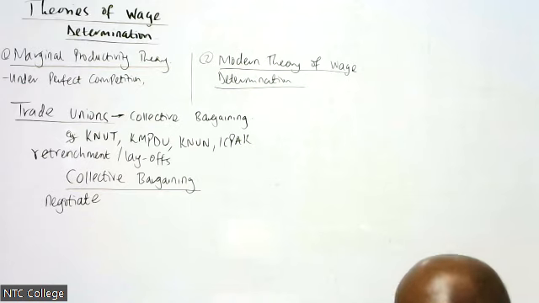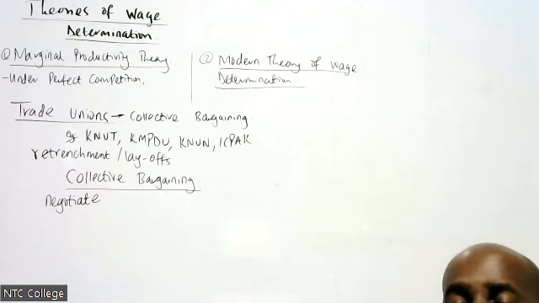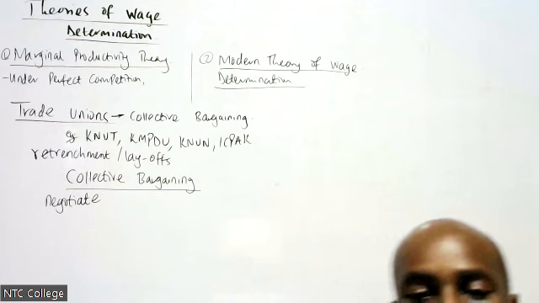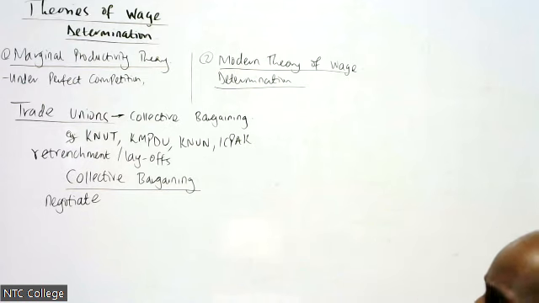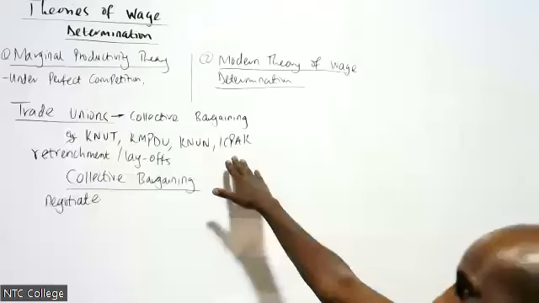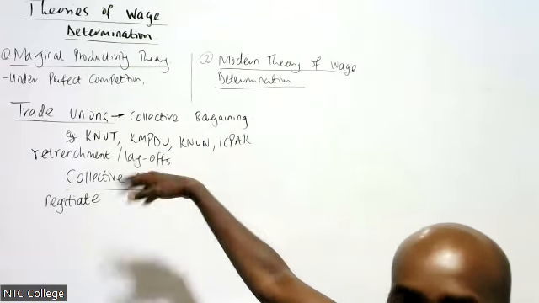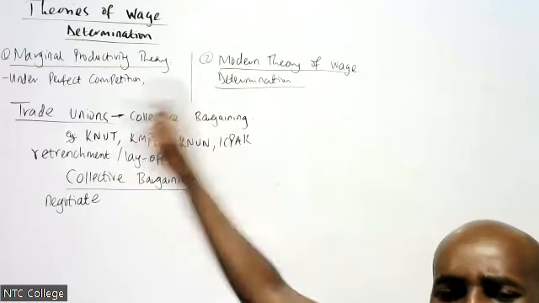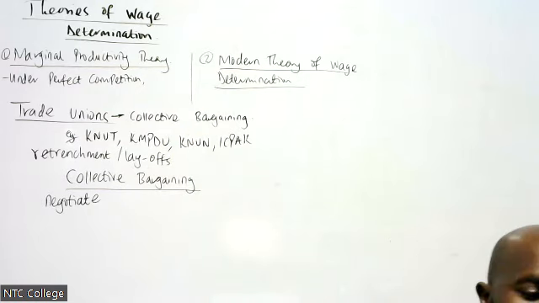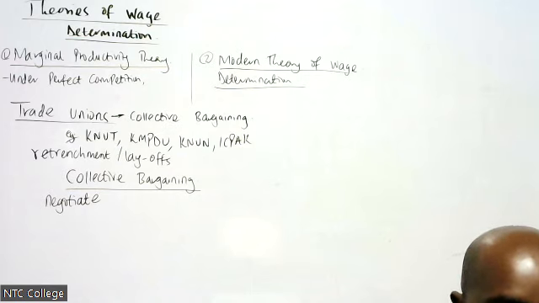Some of them are very obvious. If you're talking about political interference, and you are trying to get to the negotiating table with the government, and the union itself is on the side of the government, then it is only the worker who will suffer at the end of the day.